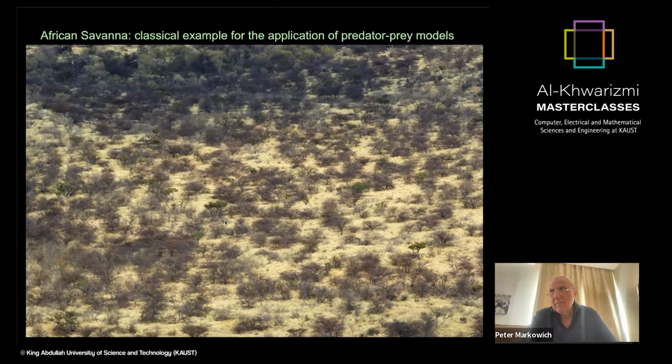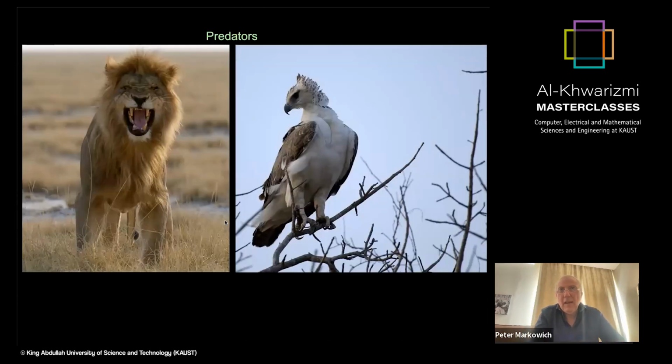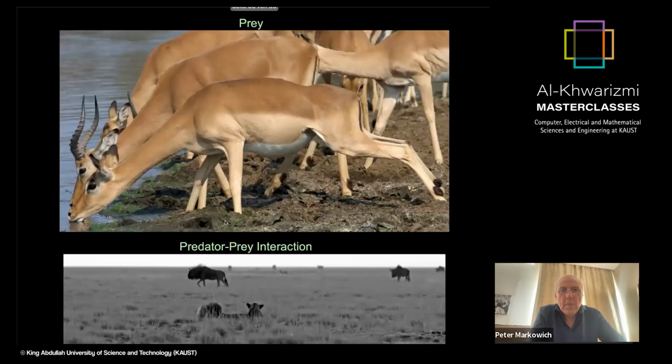I mean, we all know that in African savannas, you have a lot of predators and you have a lot of prey. And the question is, how do they equilibrate, and how can you describe that? Predator-prey, which is essentially an example of a reaction diffusion system.